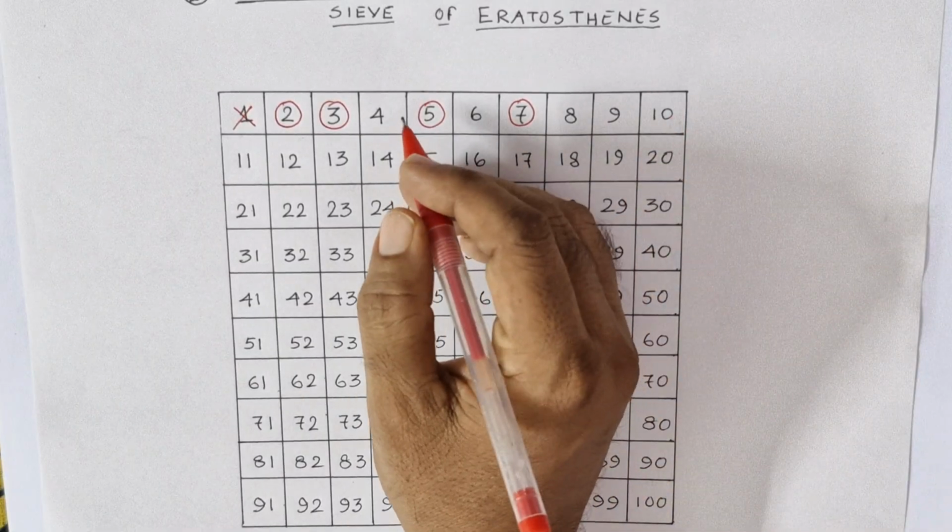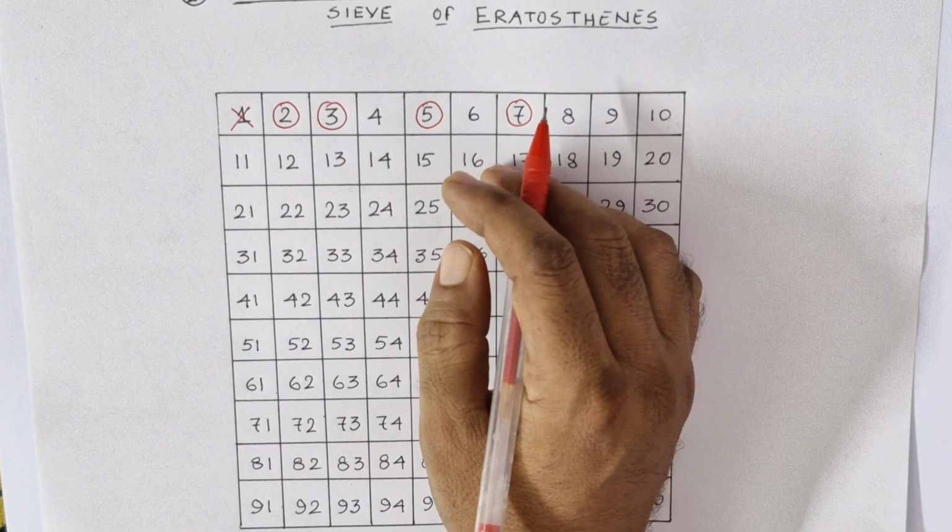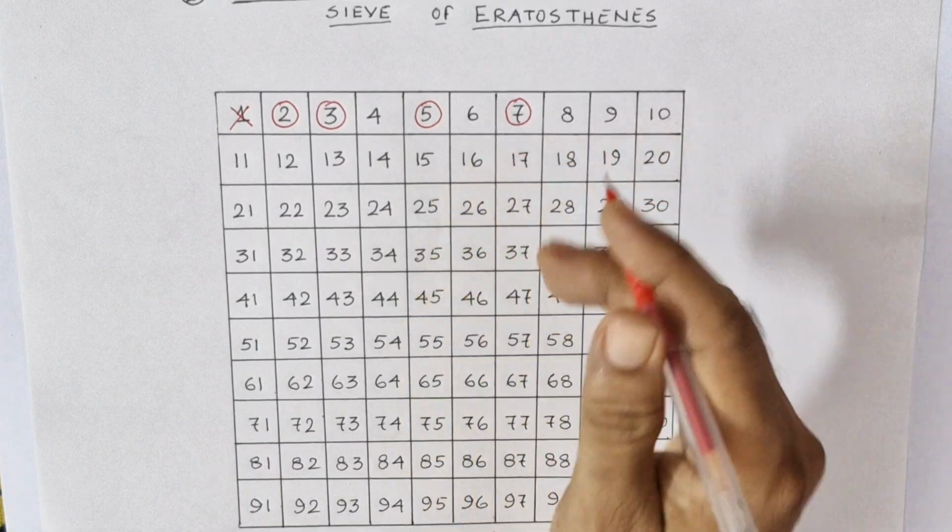Now, what you need to do is first of all find out the even numbers and cross them out. Got it?